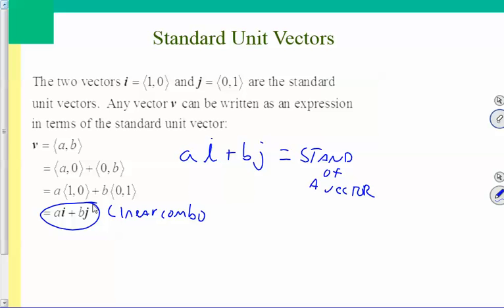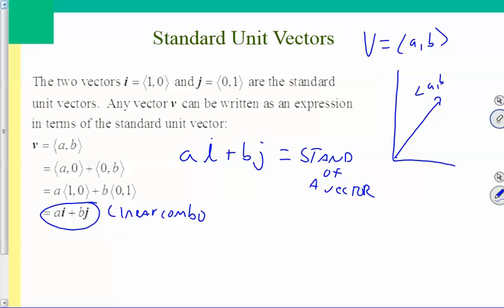Basically what that means is the scalars a and b are the horizontal and vertical components. So what does this look like in the coordinate plane? If I had vector (a, b), that's the vector right there.